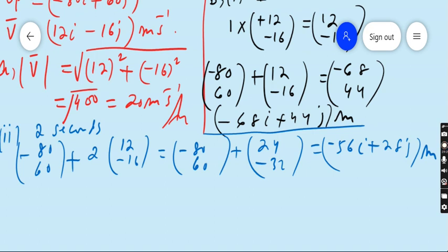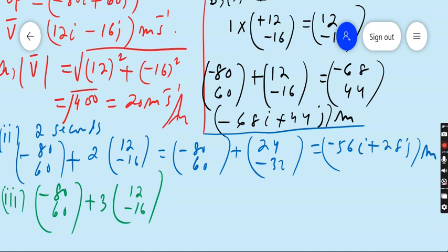Third part, 3 seconds. This time we have to multiply by 3. So again minus 80, 60 plus 3 multiplied by 12, minus 16. 12 threes are 36, 16 threes are 48.